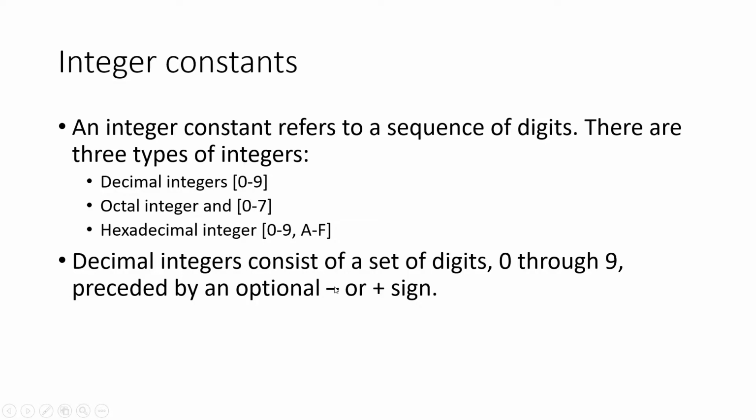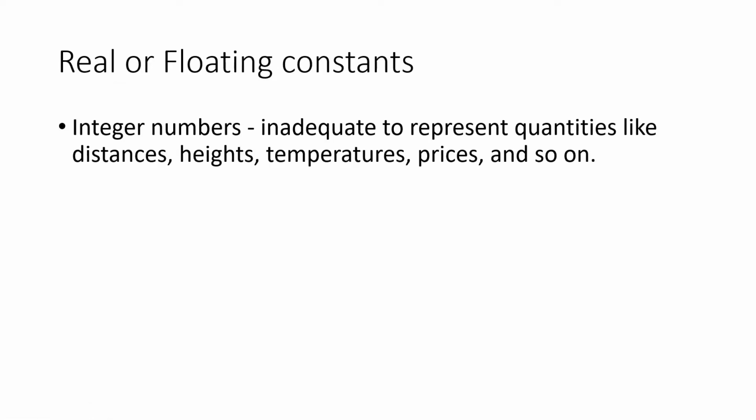Normally we use decimal integers, and it includes the digits 0 through 9, and it's signed, so it can have plus or minus sign. Then real or floating constants, that is in some quantities like distance or temperature in Celsius or Fahrenheit, price of a particular commodity. It need not be a pure integer, whereas roll number, number of books or number of pen, such numbers can be integer itself.